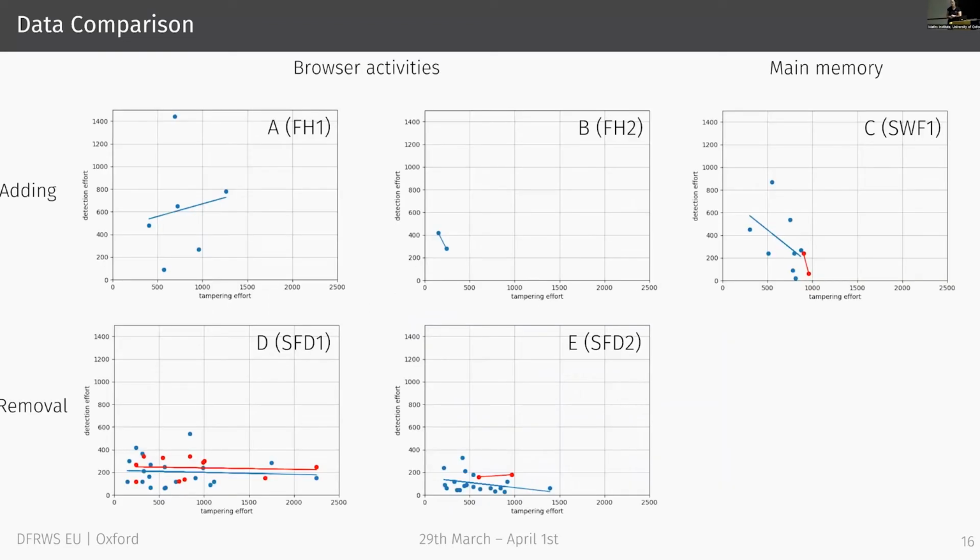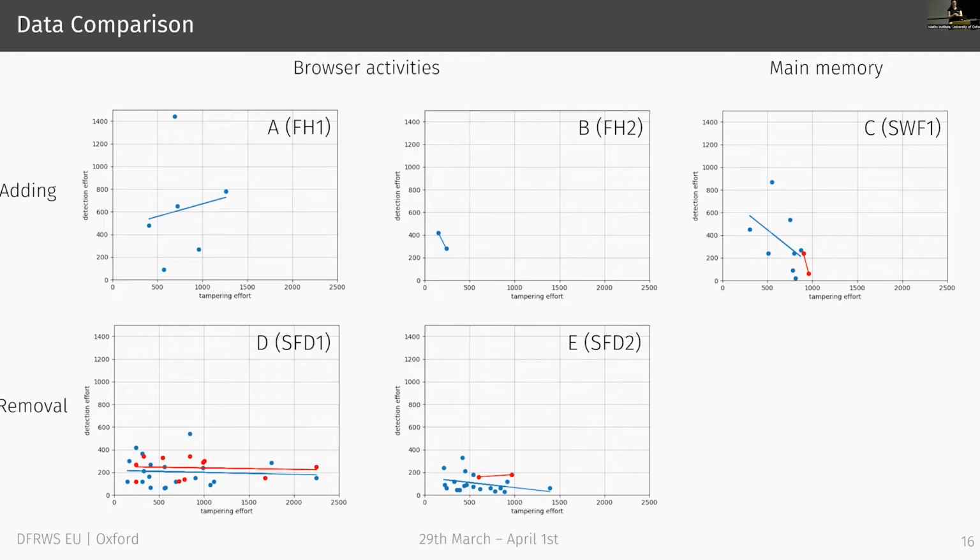Okay, and if we compare the data of the student experiments we've done so far, you can see that there is a trend in this experiment and this experiment. The first trend seems to be that it's worth putting more effort into a forgery because with more tampering effort, the detection effort also increases.